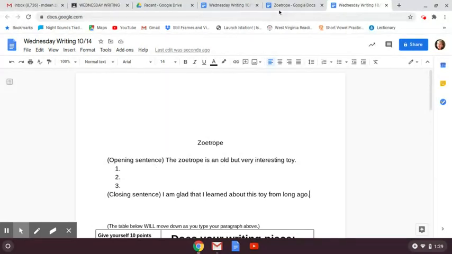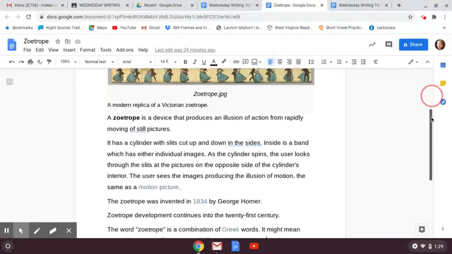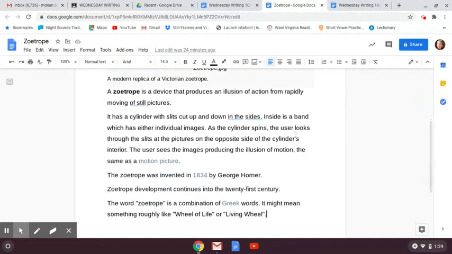Even though there's details that tell me about illusions of motion, even though it tells me that people still develop them in the 21st century, even though there's details that I could have said about the fact that the Greek word for zoetrope means wheel of life or living wheel. There's all this detail that's out there that you all can use.